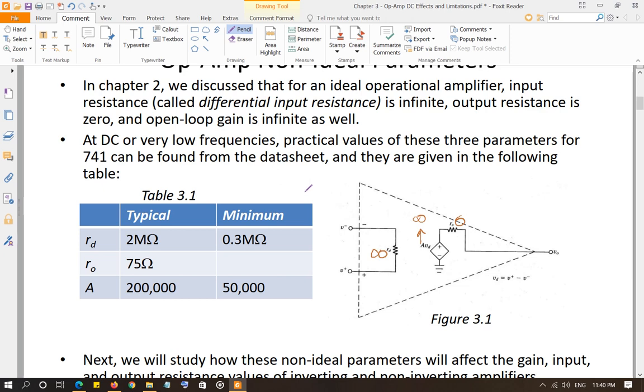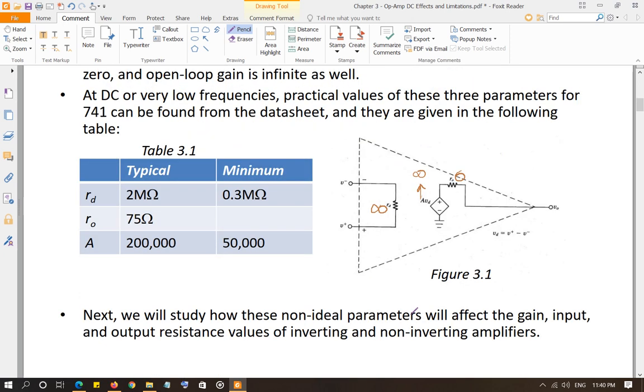And the typical gain of the 741 op amp is 200,000. Again, a huge gain, not infinity, but still very large. The minimum value is about 50,000. So the gain can be anywhere between 50,000 and the typical value 200,000, and can go beyond 200,000.